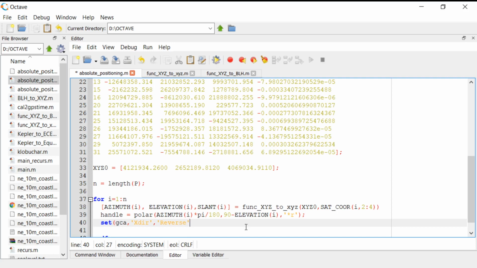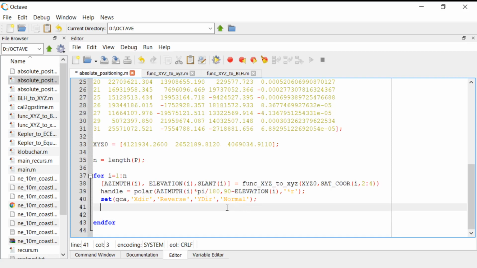This is the mathematical way. That's why I need to bring it to the normal. So the y direction should be the normal. I'm setting this again. Sorry.